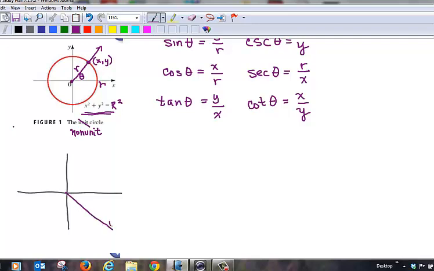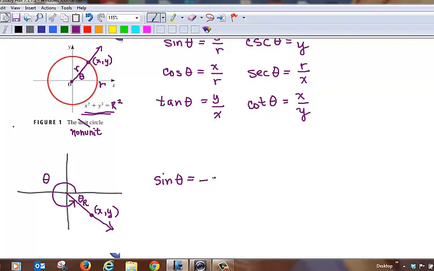If I define this to be theta right here, then my reference angle is right here with respect to the positive x-axis. And if I identify a point on the terminal side of my angle, call it xy, the sine of angle theta is going to be y over r, where r is the distance from the origin to the point.